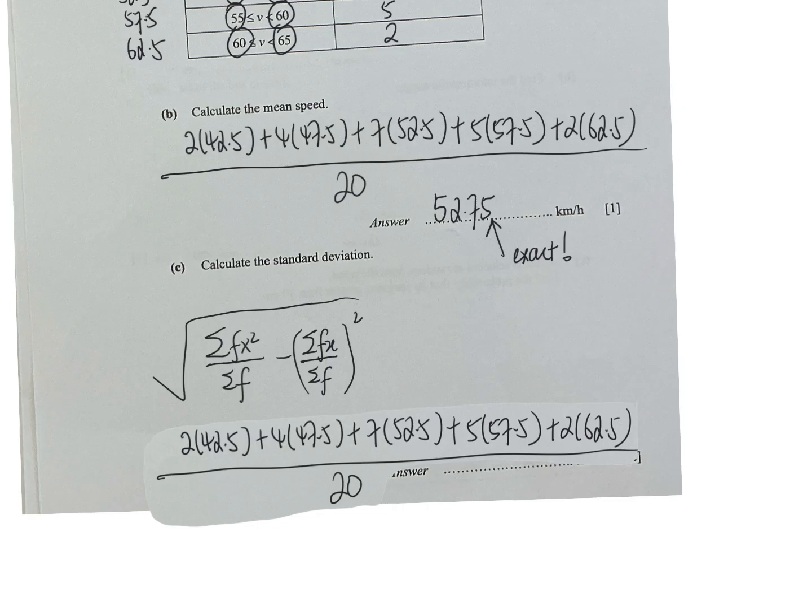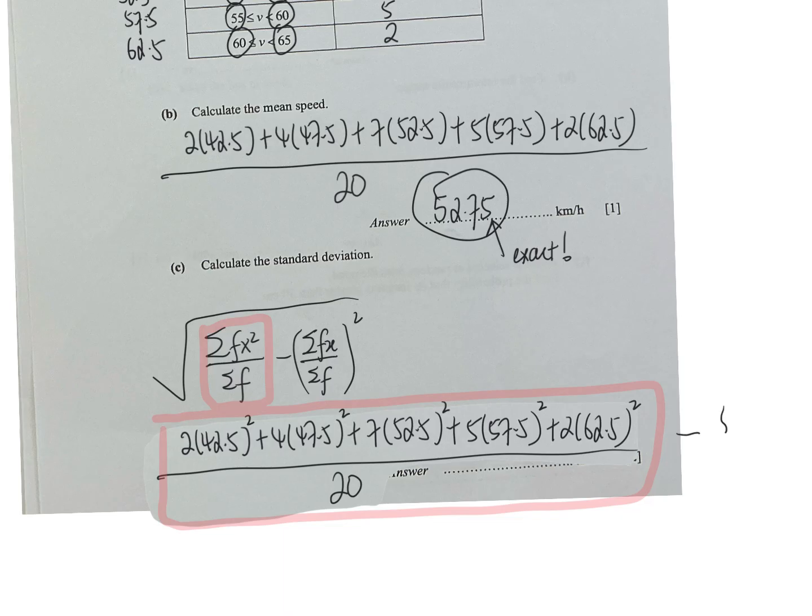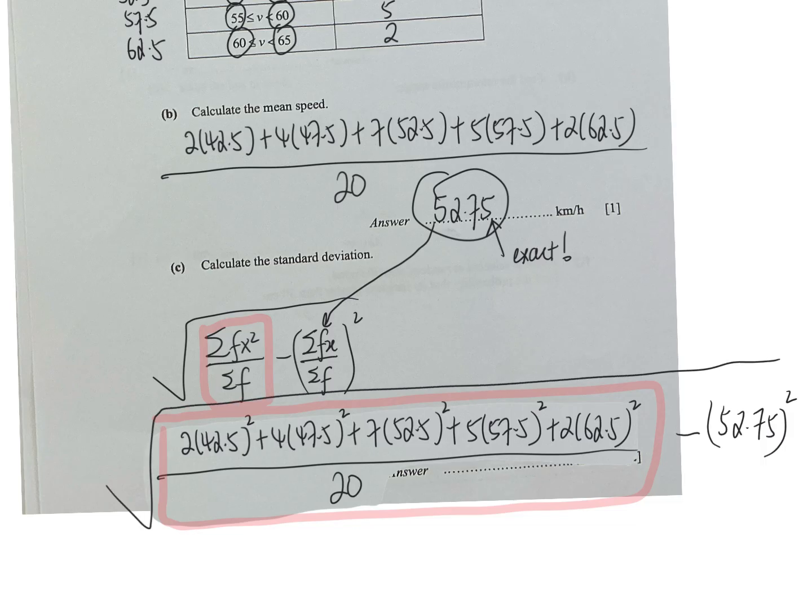It is frequency times x squared. So it is the same thing, but you square the x. This is first part of the formula. Then you minus the mean square. This thing here is the mean. Then you square root the whole thing.